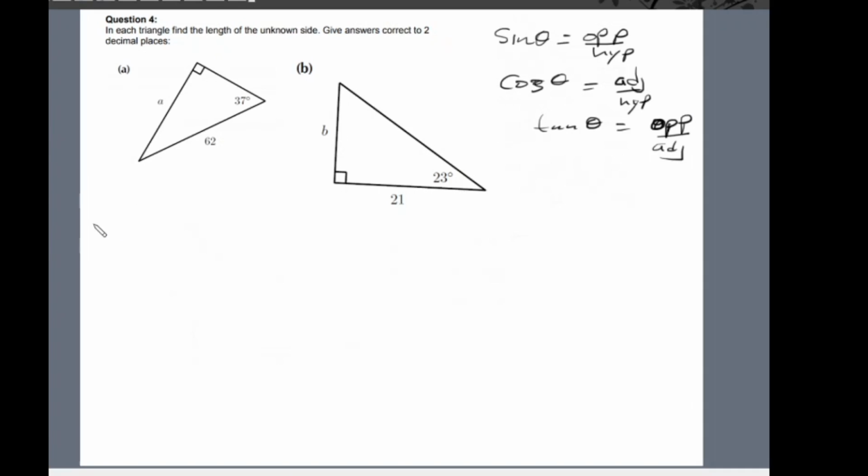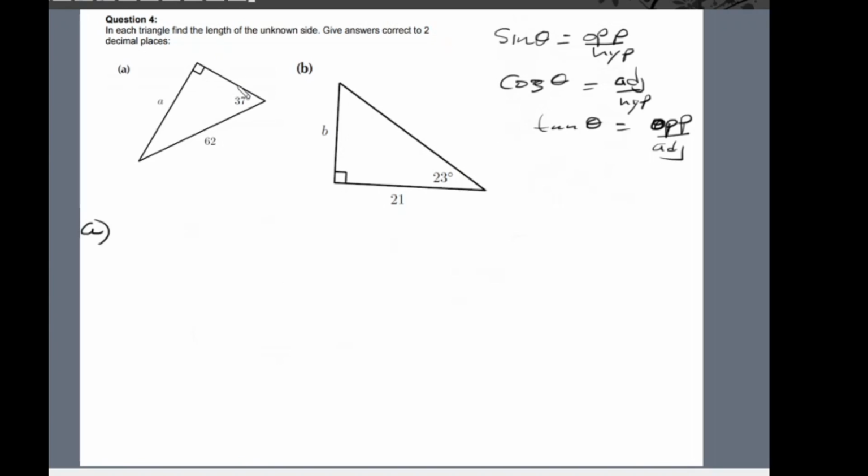So we must solve equation A there. In each triangle, find the length of the unknown side, giving answers correct to 2 decimal places. So we have an unknown side in a right angle triangle. The hypotenuse in this case is this side and it equals 62 units.